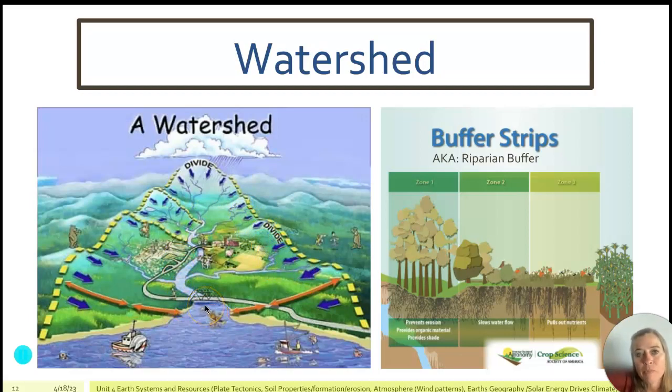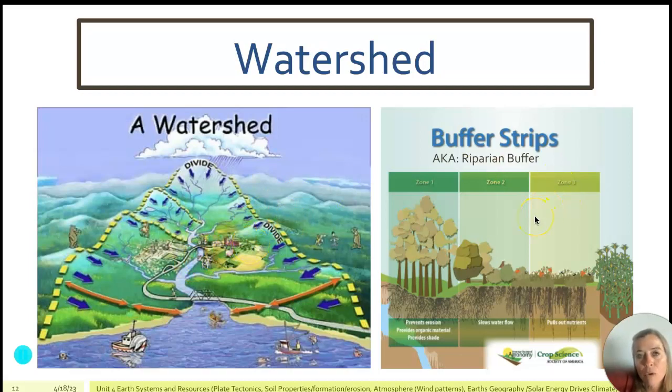It can also help us make some predictions about flooding, like if it's raining really hard on this mountain, we might have flooding downstream, and those sorts of conditions. In order to protect watersheds, we can use riparian buffer strips.